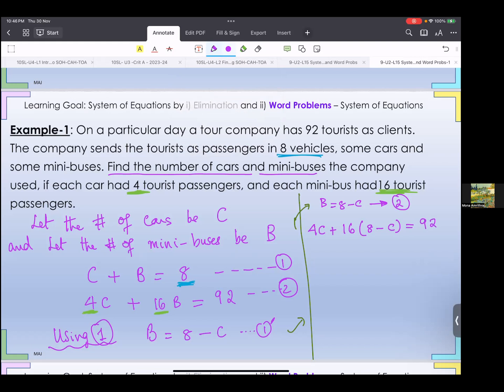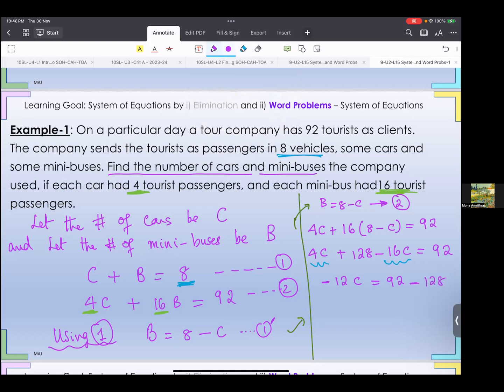So you get your calculators out. 4c plus 8 times 16, that's 128, minus 16c equals 92. And then collect like terms. 4c and 16c together become negative 12c equals 92 minus 128.